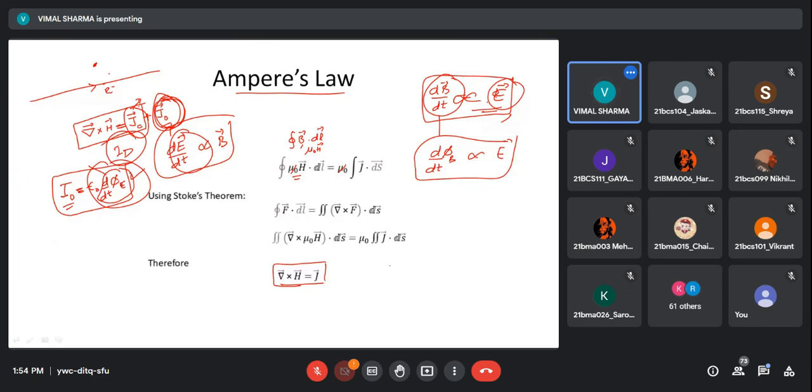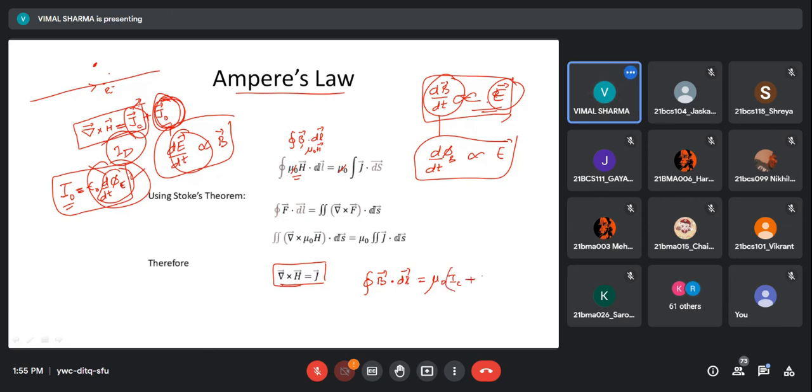So if I write the modified form of Ampere's law, let us start with the integral form. It is mu naught times J. Earlier it was only mu naught times I, and this was only conduction current.